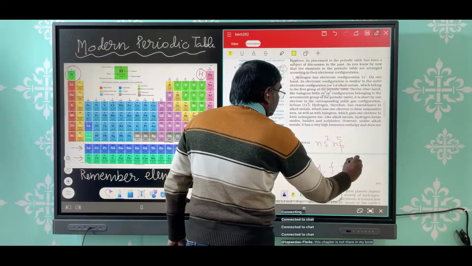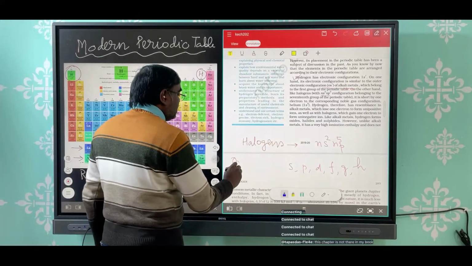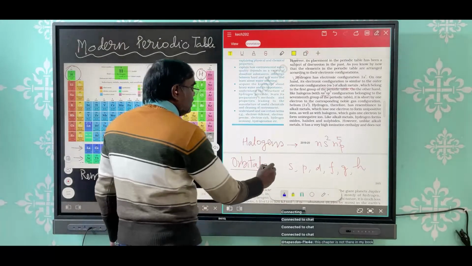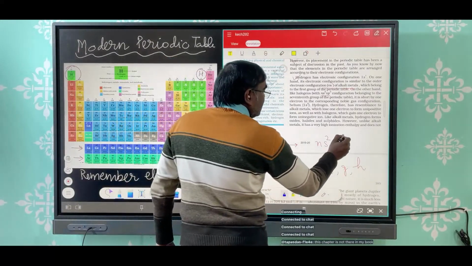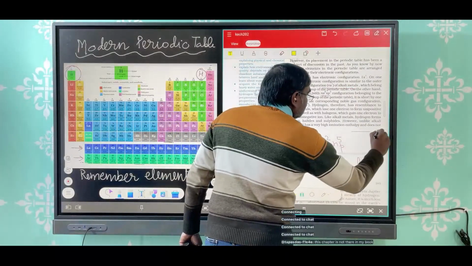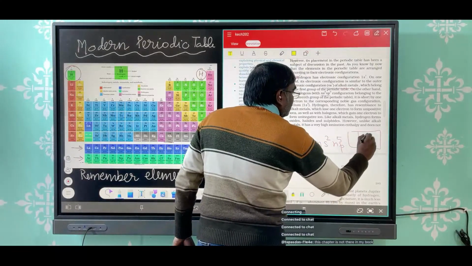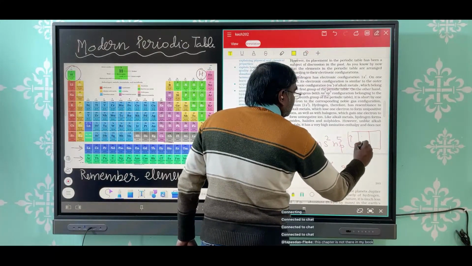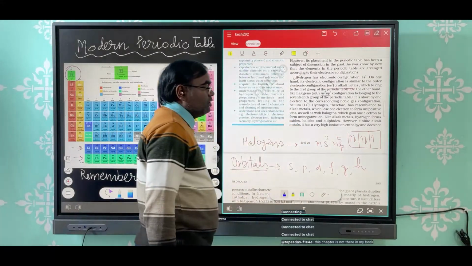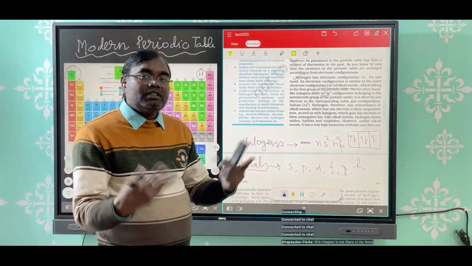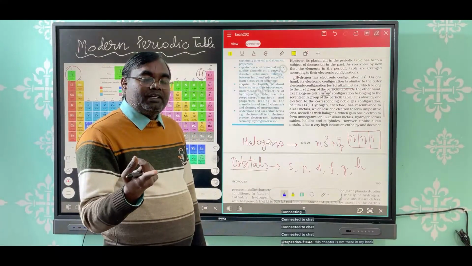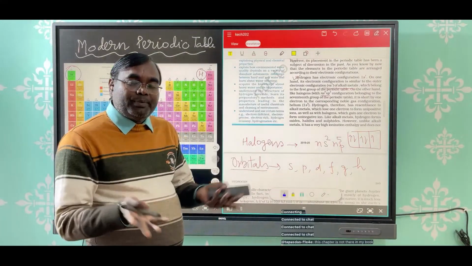s, p, d, f, g, h are all called orbitals. So the last electron is occupying the p orbitals, and in p orbitals, there are a maximum of 6 electrons, right? So if we fill this, the last electron is left single, and that will try to be paired to make the octet complete.